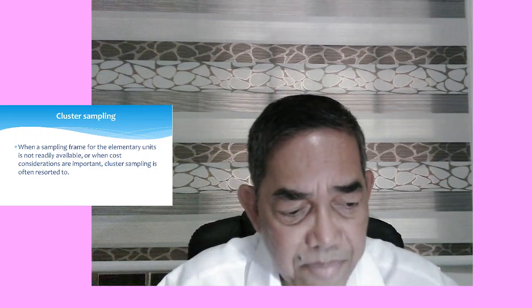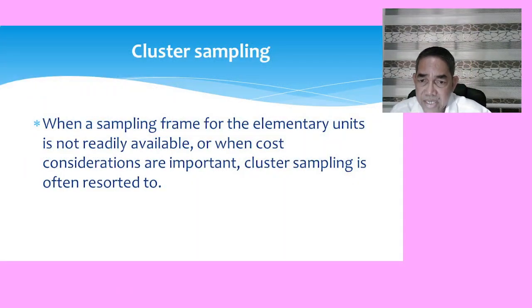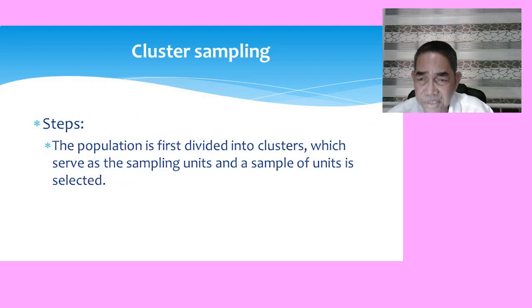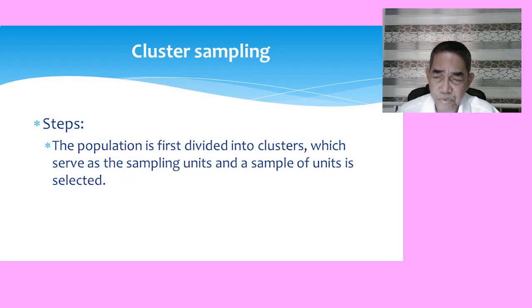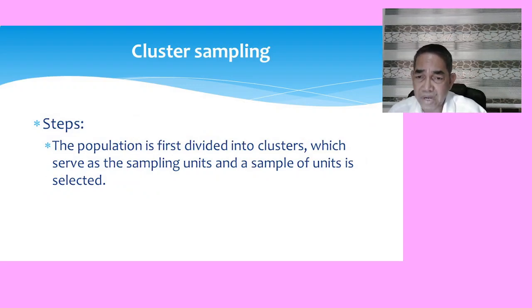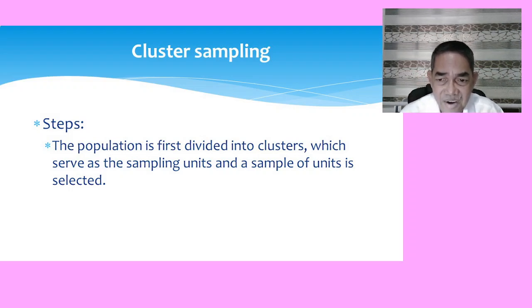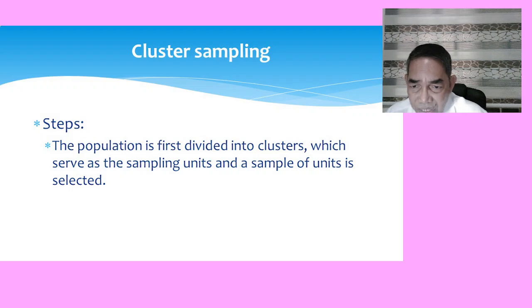In cluster sampling, these are the steps that we use. The population is first divided into clusters, and each cluster serves as a sampling unit, and a sample of units is selected. So again, we go back to this concept of sampling unit because the sampling frame for elements is not readily available.